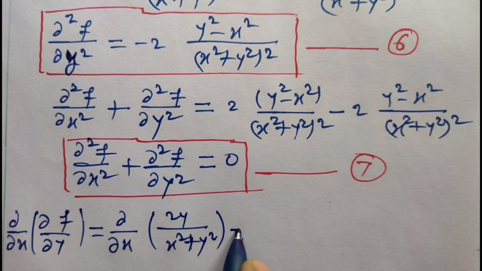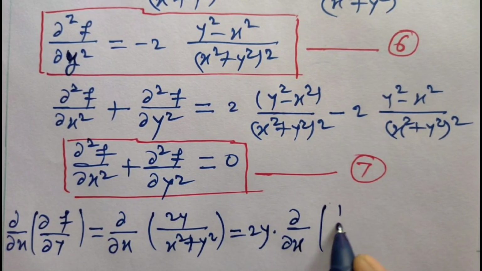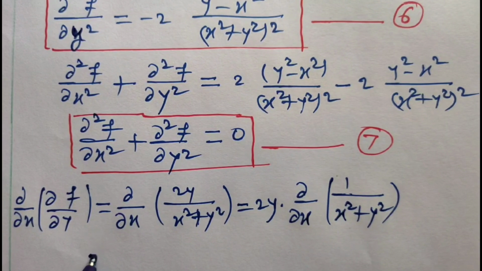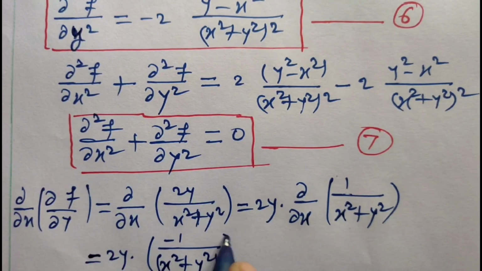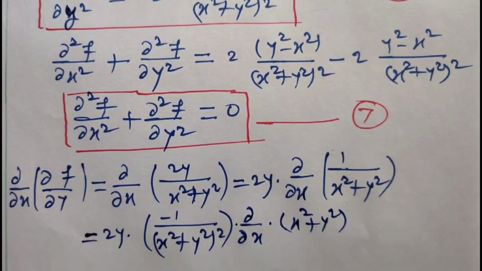This can be written as 2y into the partial derivative with respect to x of 1 upon x² + y². And this is equal to 2y into −1 upon (x² + y²) squared, into the partial derivative with respect to x of the denominator x² + y².